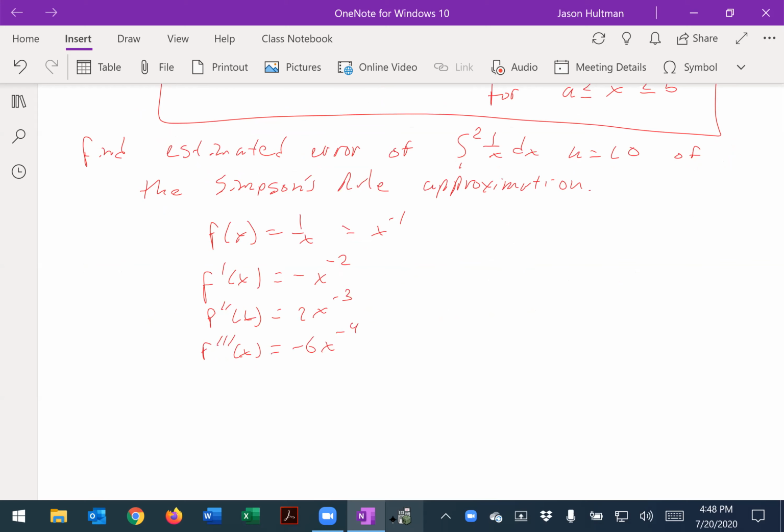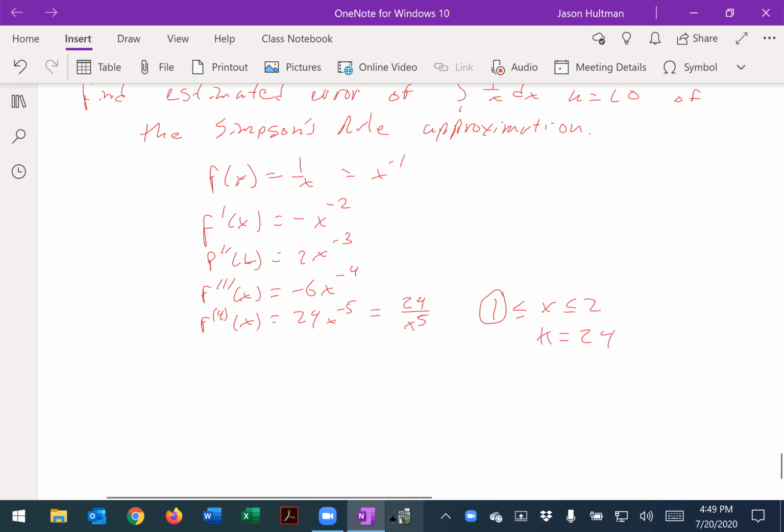And the fourth derivative of f is equal to 24 x to the negative 5th, which is just 24 over x to the 5th. And then we're going to look at 1 is less than or equal to x, which is less than or equal to 2. So in this case, what's going to be my upper bound? Well, it's when I plug in the lowest number because I'm dividing. When we divide by a smaller number, we get a bigger value. So I'm going to divide by that 1, and so my K ends up being 24 in this case. K is equal to 24.